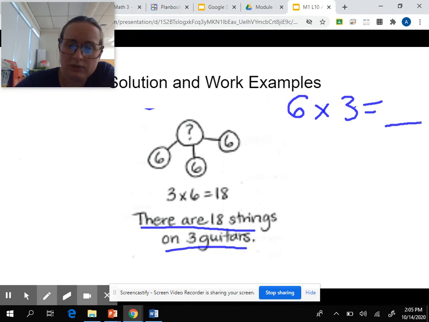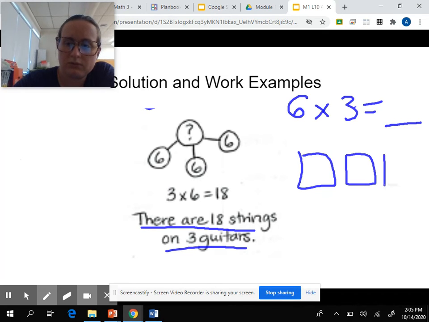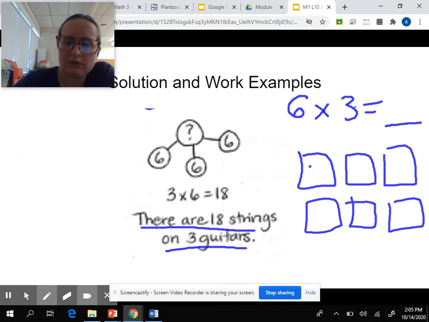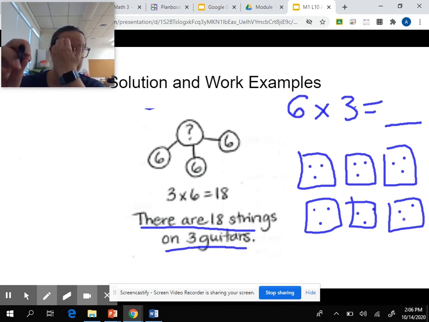And I drew it like this. 1 group, 2, 3, 4, 5, 6. And I had 3 in each. Now I had to have a multiplication equation. So this is what matched my picture.